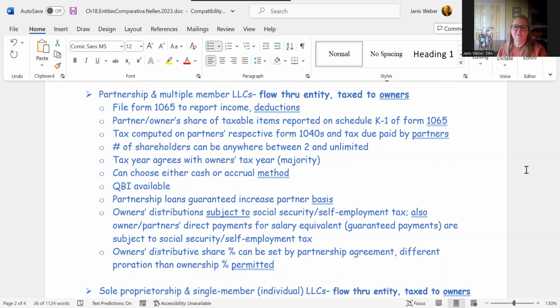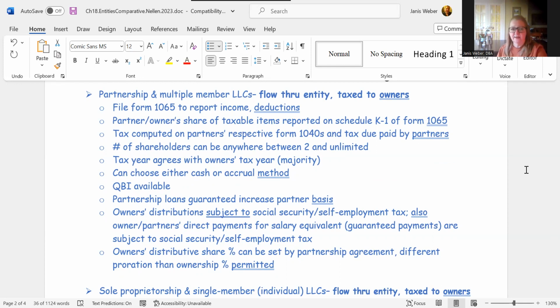Then it would have interest income. It would have gains and losses that were separately stated. It would have charitable contributions and lots of other things, just like an S corp could, that would show separately stated items that are going to be split out amongst the partners. But it's just going to all show up on this Form 1065.